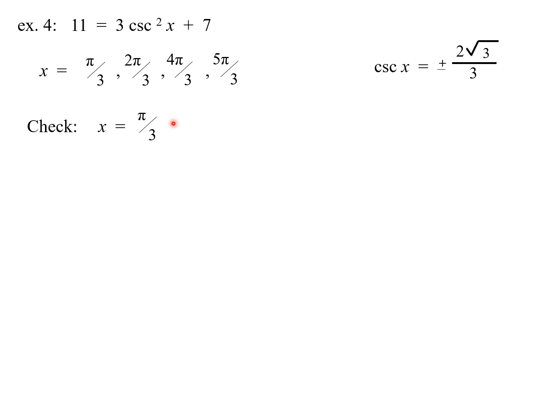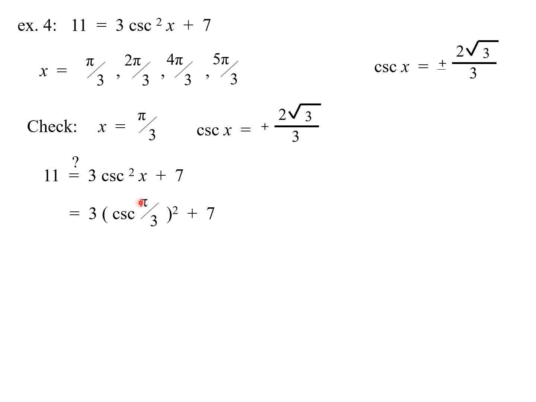Okay, let's first check pi over 3. Now the cosecant of pi over 3 is positive 2 root 3 over 3 because the sine is positive. And so we're going to insert that into here, remembering that this really is the cosecant squared. And then I'm going to put 2 root 3 over 3 in for that, and we're going to square all that.